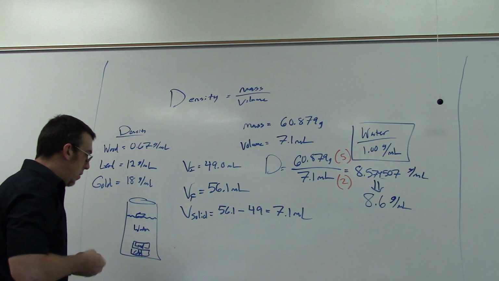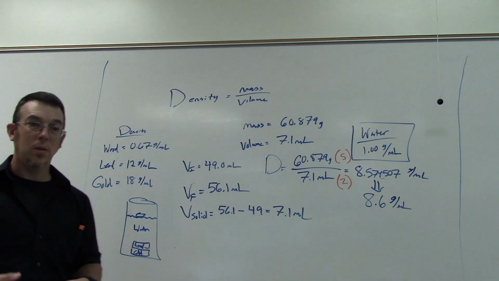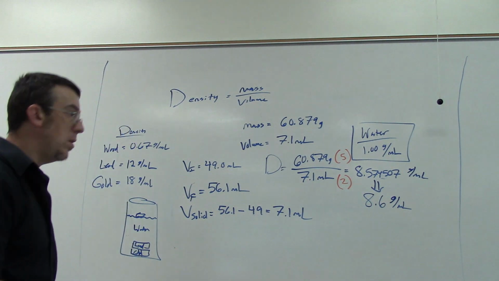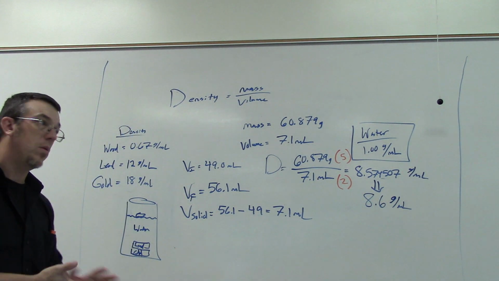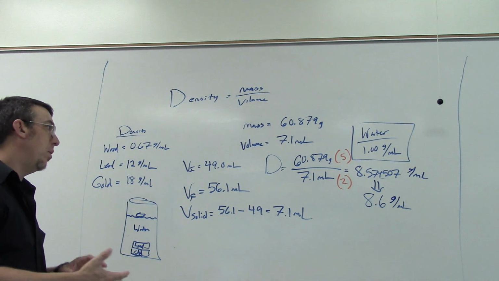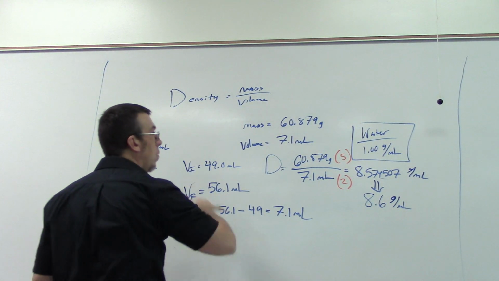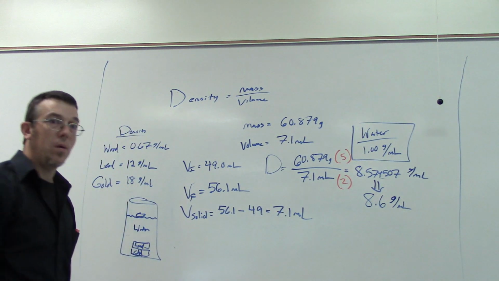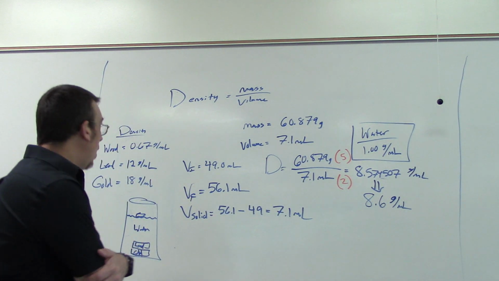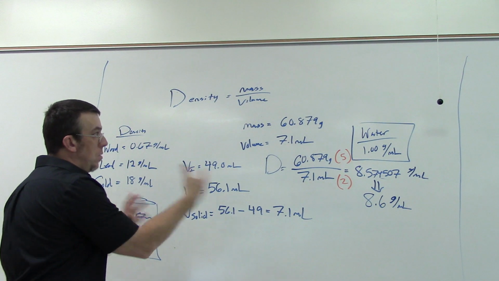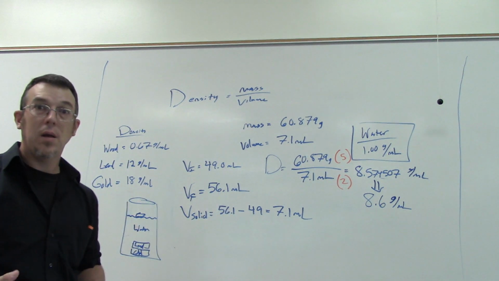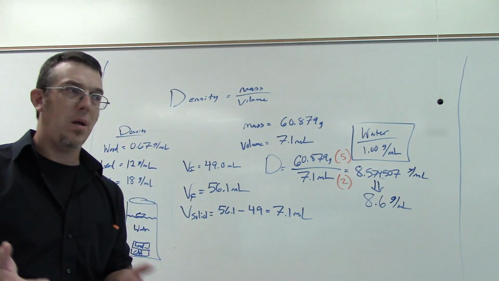As we talk about density, we need to pay attention to the fact that density is a conversion factor going from grams to milliliters, or in this particular case, knowing the density of the object. We've talked about density of water being 1 gram per milliliter, and then we compare the densities of objects to that of water, and we can get an understanding of where they lie.